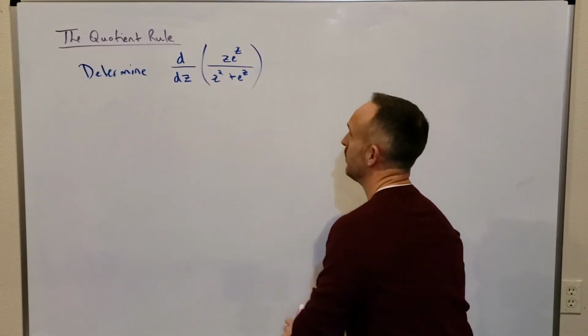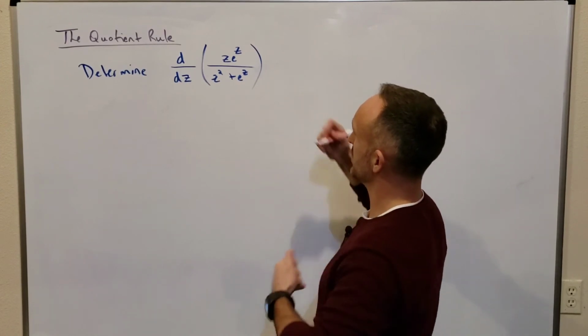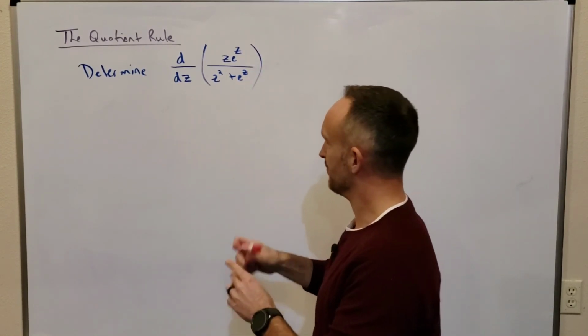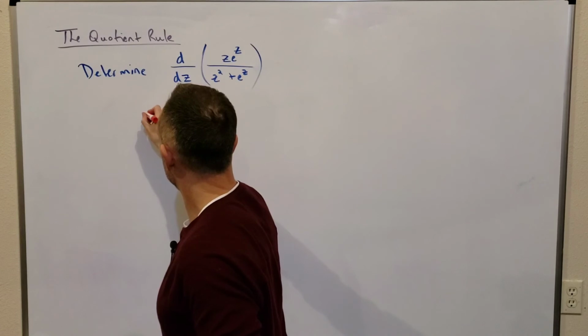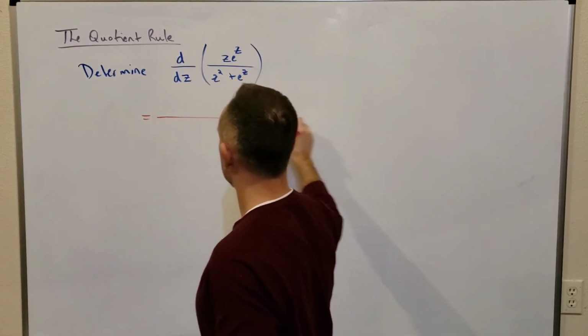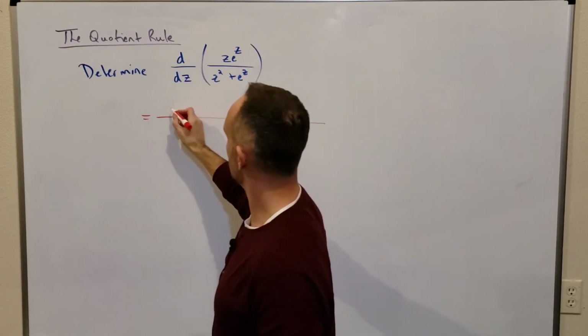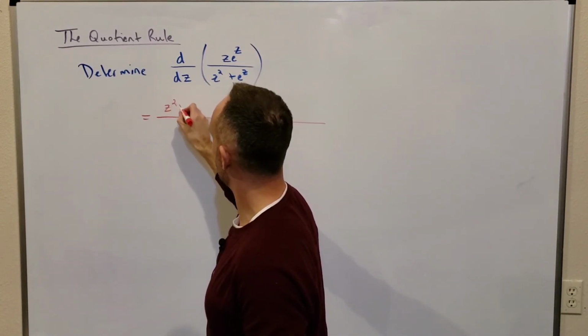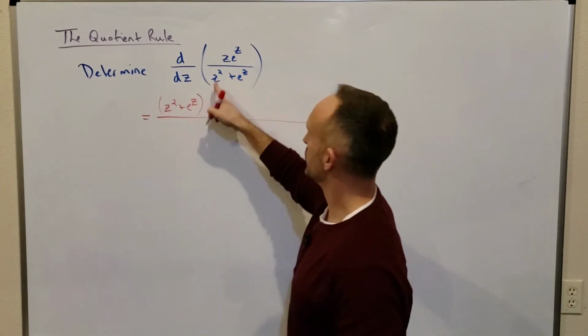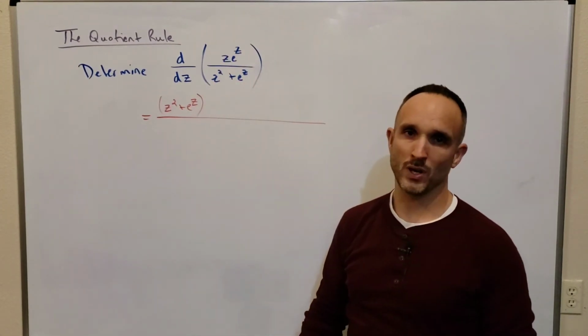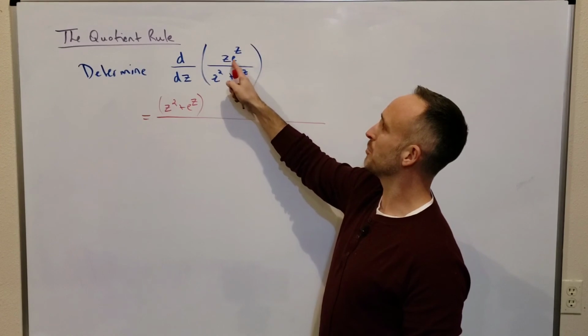Okay, so what we can do is, since we have a quotient, we can do the quotient rule. So d dz of this is going to be the bottom times the derivative of the top. So the bottom is easy. z squared plus e to the z, times the derivative of the top. Well, the top happens to be a product.